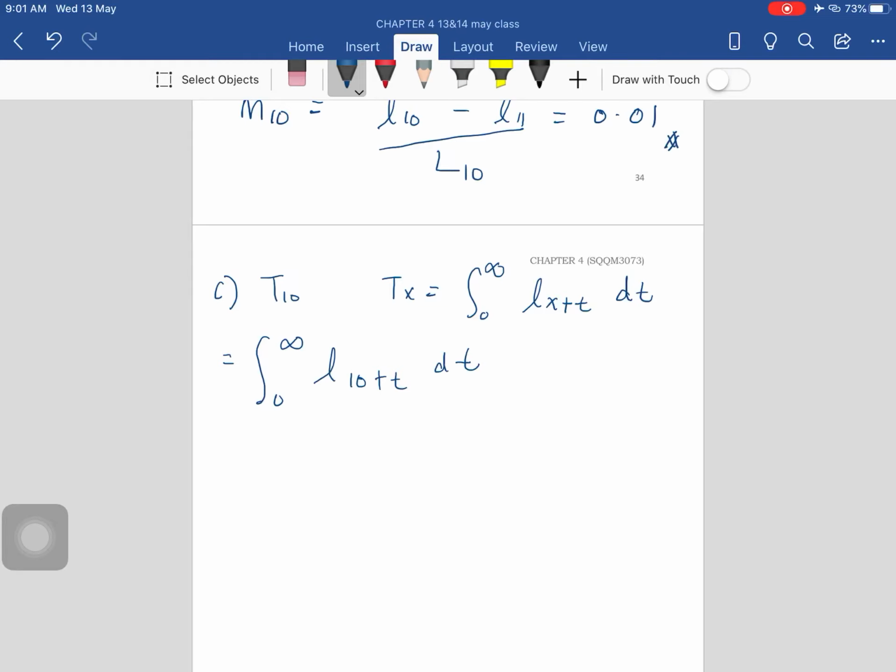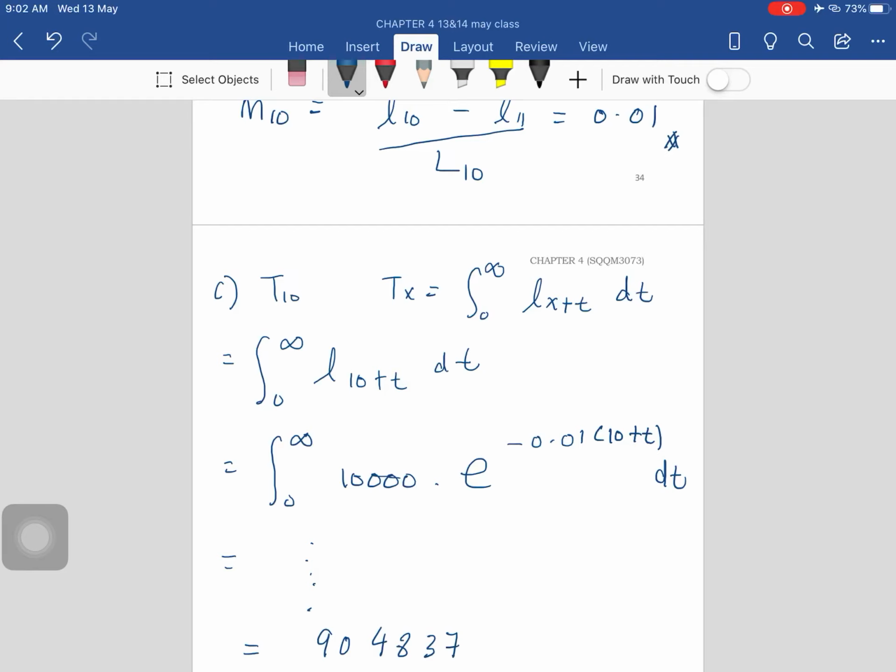Our L10 plus T, from the previous question, is 10,000 times E negative 0.01 times 10 plus T dt. So you solve the equation, and you will get the final answer, 904837.41.